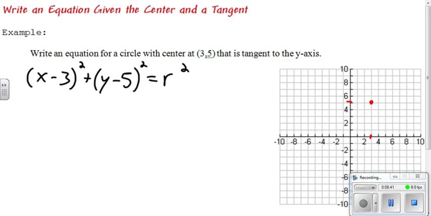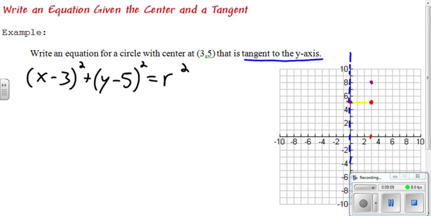So here is our center, and we know that it lies tangent to the y-axis. So if this is our y-axis right here, and it lies tangent to that, meaning it touches it at one point, but only one point, that means we know our radius is going to be 3 units away. So we could go another 3 units in this direction, here's another point for it.